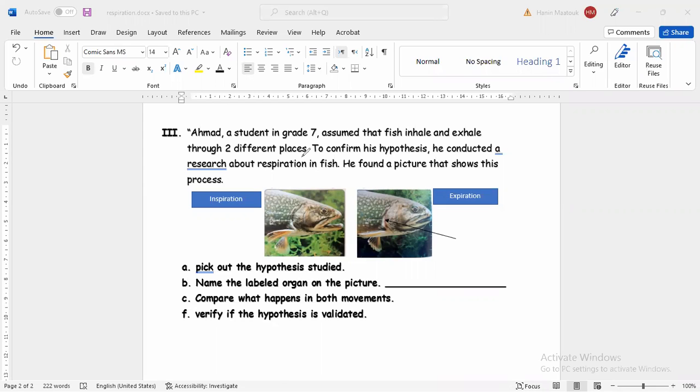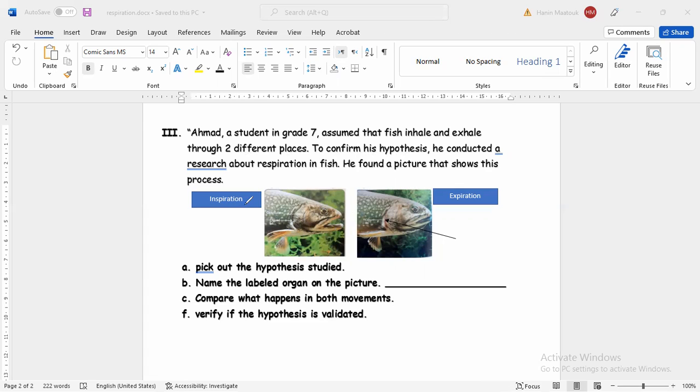That means the place that the fish breathe in is different from the organ that the fish release the carbon dioxide out of. So to confirm his hypothesis, he conducted a research about respiration in fish, and he found a picture that summarizes the whole process of respiration. So these are the two pictures.